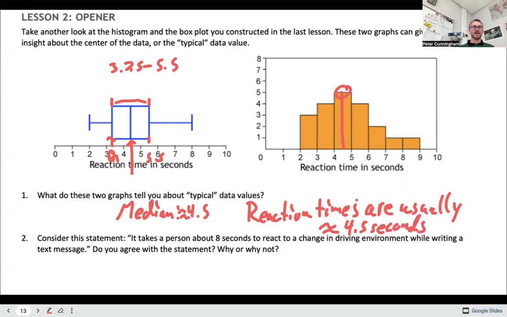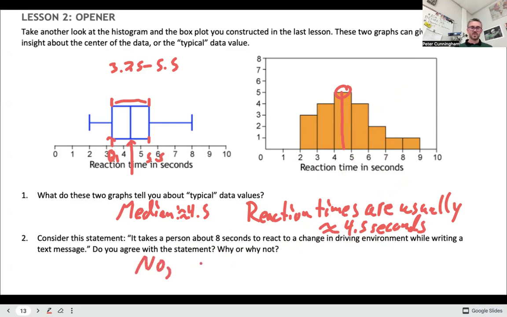Okay. And someone read this data and said it takes a person about 8 seconds to react to a change in driving environment while writing a text message. Okay, so this data right here suggests otherwise. Do I agree with the statement?